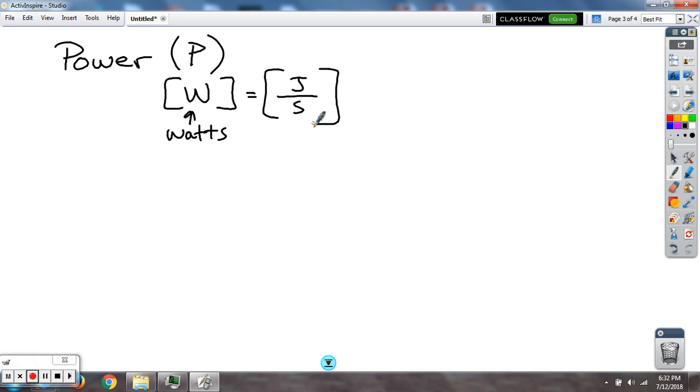So based on this version of the unit, it makes sense that power is energy over time, or the change in the work done by a system over time.